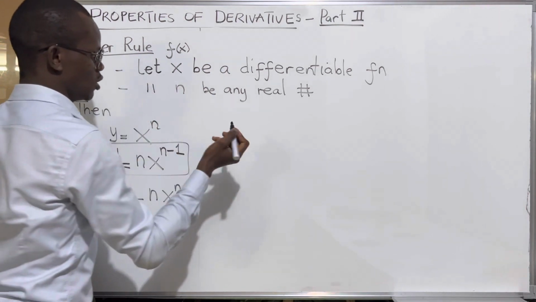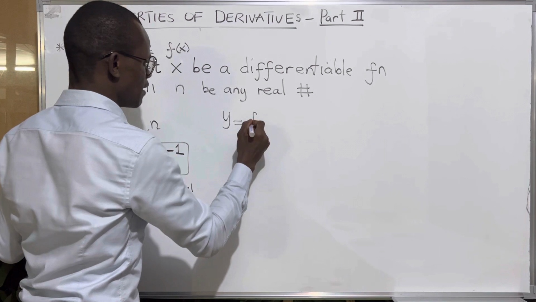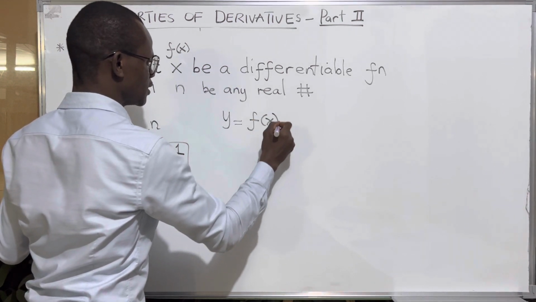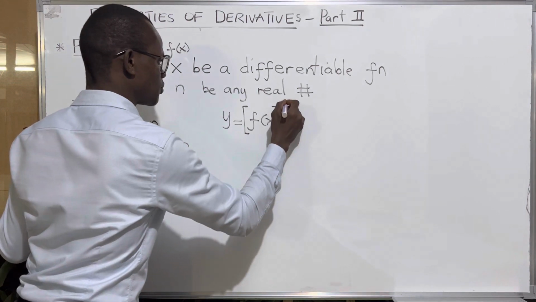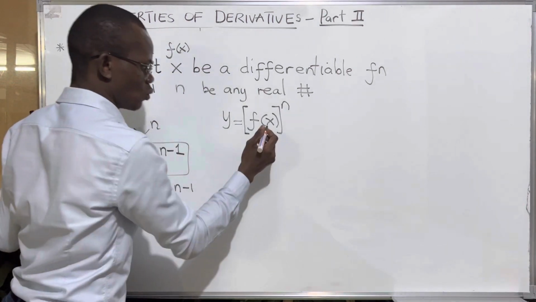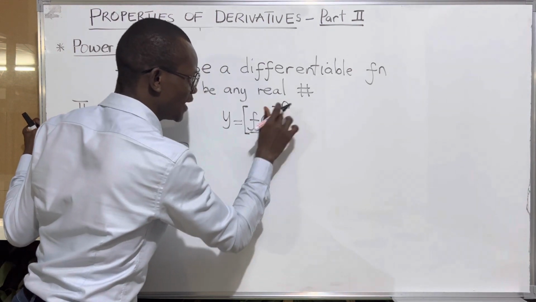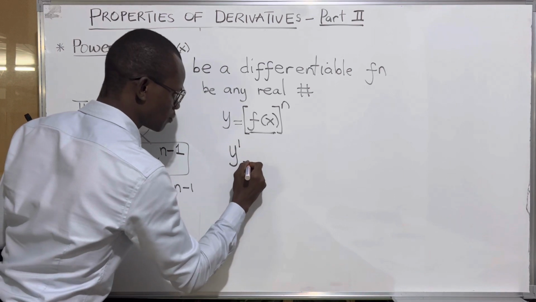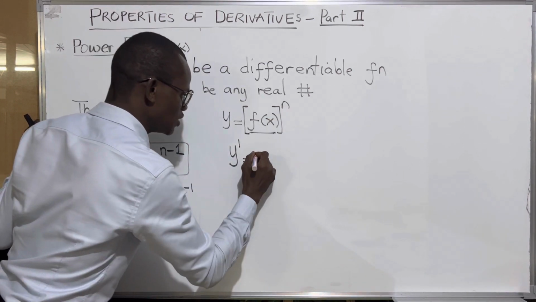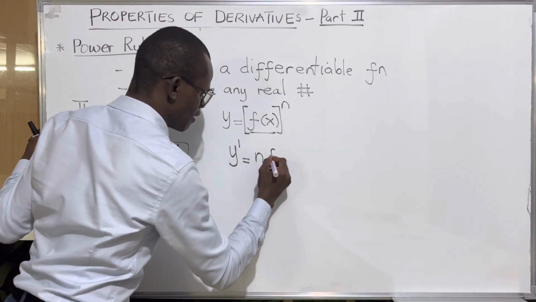What if you also want to use a function f of x right there instead of just x? So we could say y equals f of x raised to the power n. Whatever function is in here that is raised to this power n, the rule says to find the derivative y prime, bring this power down, which is n, and then rewrite this function f of x.